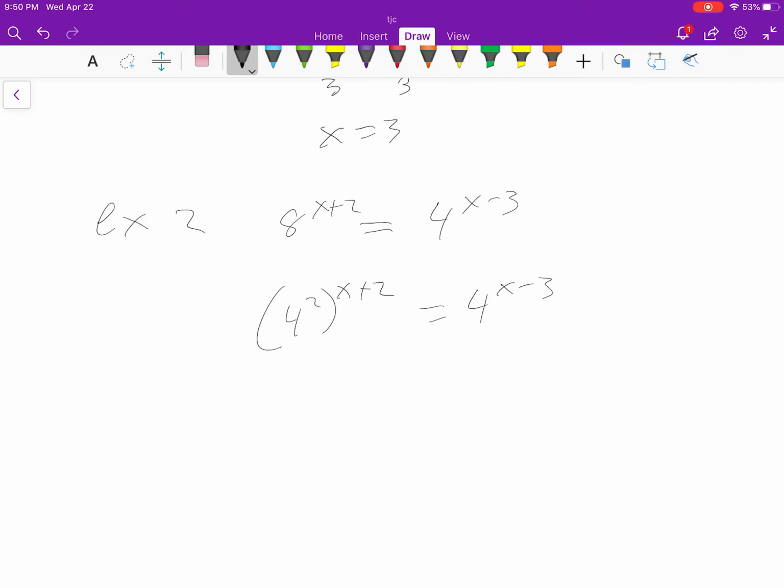Now we need to use the multiplicative property of exponents that you picked up in developmental math to rewrite this as that. So we're basically foiling out the exponent.